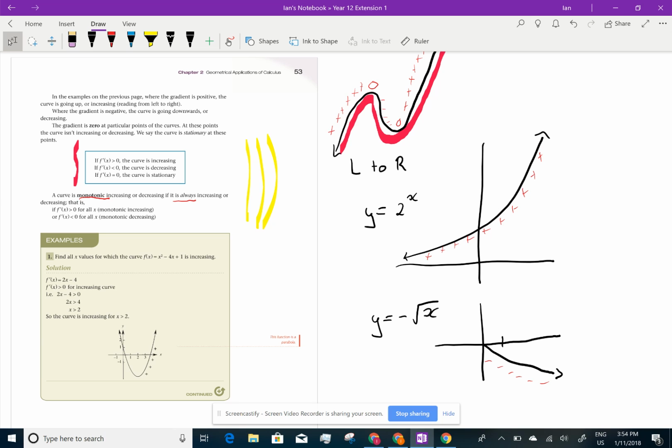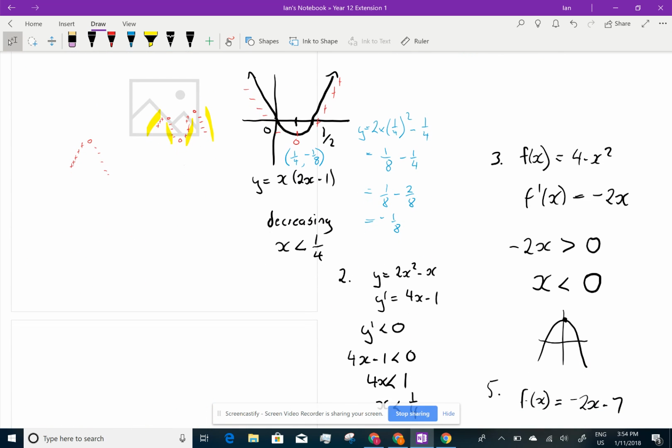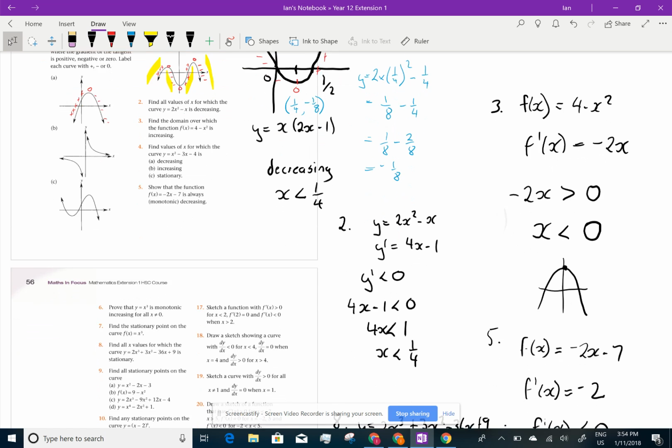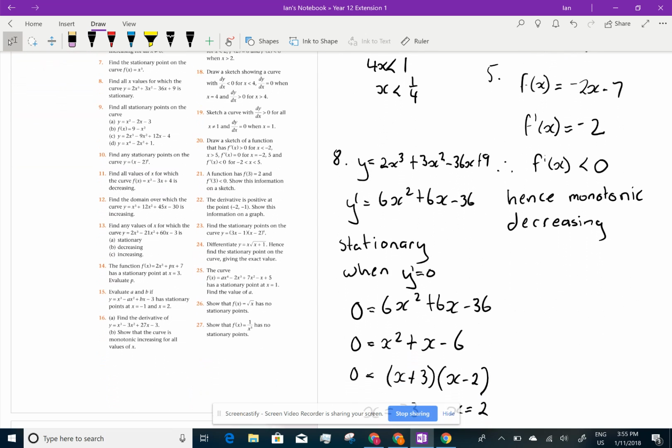Monotonic means it's always doing whatever it's doing. It's always increasing, it's always decreasing. To find when it's increasing or decreasing, just differentiate it, make it less than 0 or greater than 0. To find the stationary points, you've got to put it equal to 0.